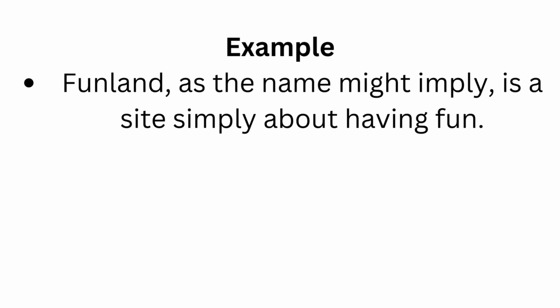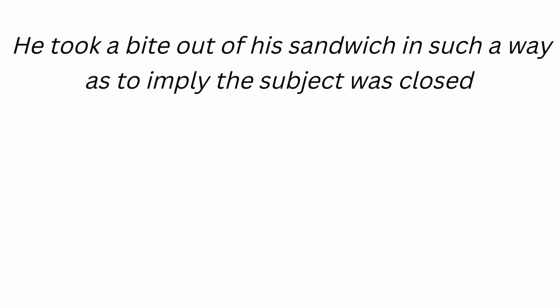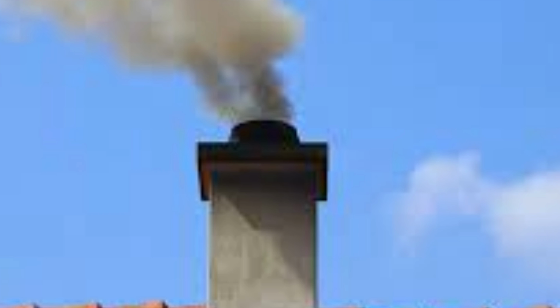For example, he took a bite out of his sandwich in such a way as to imply the subject was closed. So, here we imply information through some activity. Similarly, things can also imply, like a chimney must imply that a fireplace is there beneath it.